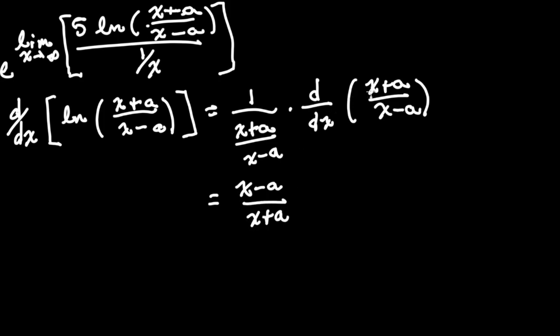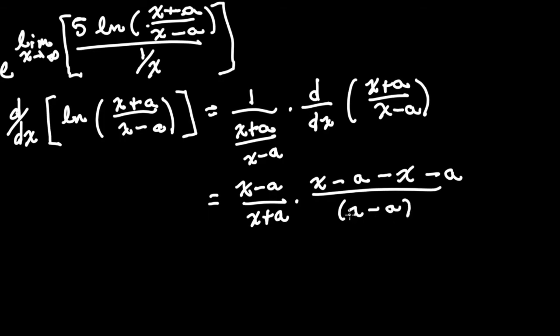And then in this situation, we're going to have to use our quotient rule, which will end up giving us multiplied by (x minus a) minus (x plus a) all over (x minus a) squared. And these two x's are going to cancel out.